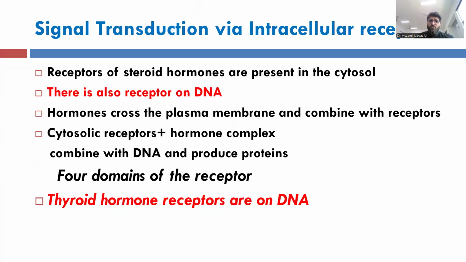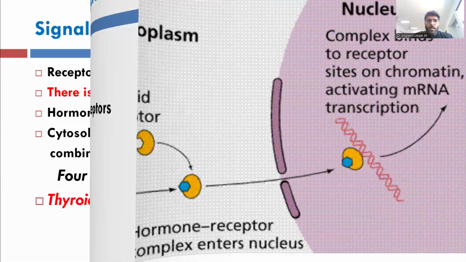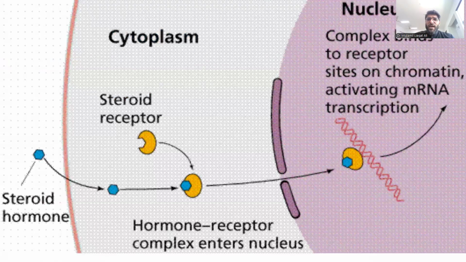So we have covered all four major signal transduction pathways in complete detail: cAMP, cGMP, IP₃-DAG, and the intracellular receptor pathways. So, dear students, we have successfully completed the entire lecture on the signal transduction.